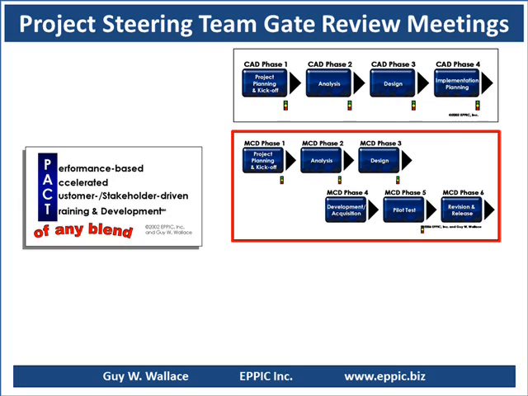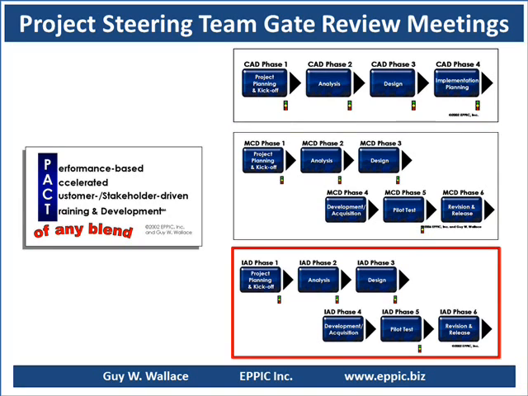Modular curriculum development, the ADDIE version within PACT, involves 6 phases: project planning and kickoff, analysis, design, development and acquisition of content that already exists for use as is or after modification, then pilot testing, and eventually revisions and release into ongoing deployment or access systems.